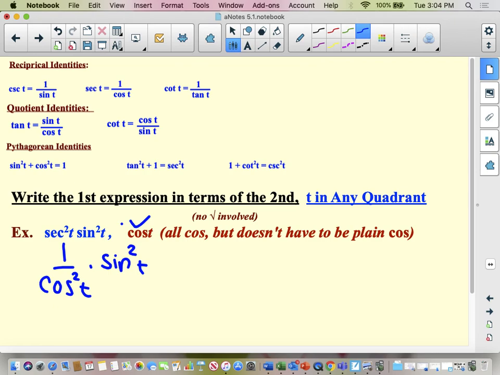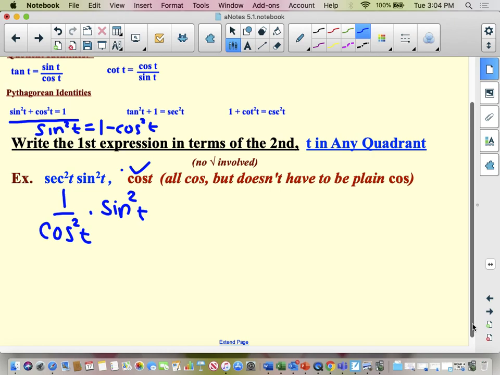So I'm halfway there. Now sine squared is not in terms of cosine, but this one's kind of nice. I can, again, use this Pythagorean identity to rewrite sine squared t if I subtract over the cosine. Rewrite sine in terms of cosine. So now, substitution, I have 1 over cosine squared times 1 minus cosine squared from my Pythagorean identity, and everything is in terms of cosines.